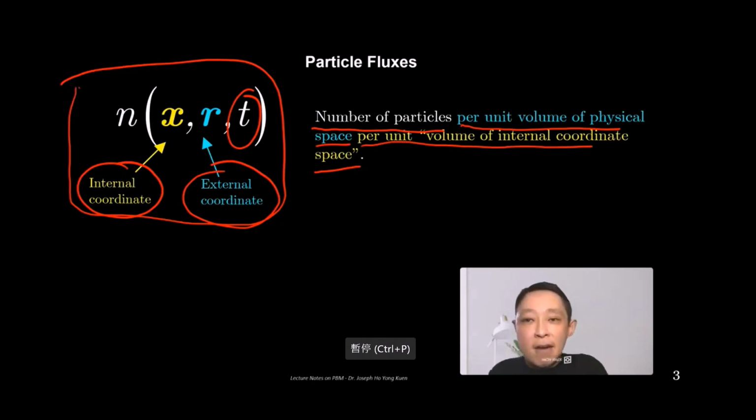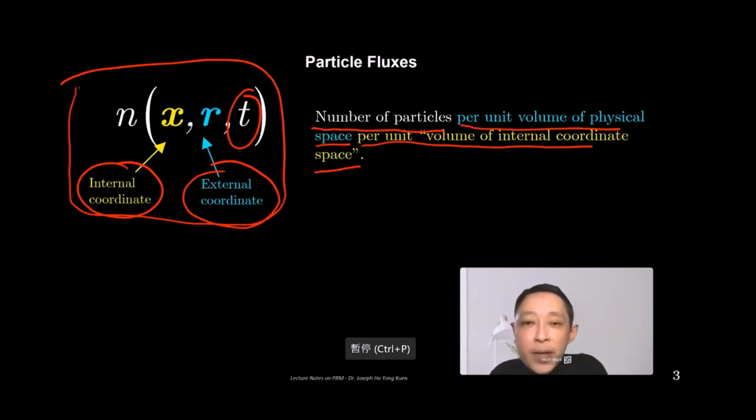In the Navier-Stokes equation, we talk about the momentum flux. And in the energy equation, we talk about heat flux and so on. So in order to construct a population balance equation, which is based on the idea of balances in the number of particles, we need to be able to consider the idea of particle fluxes.